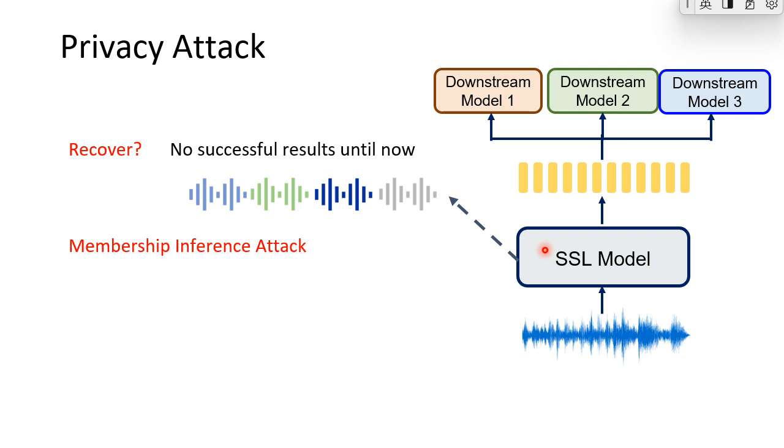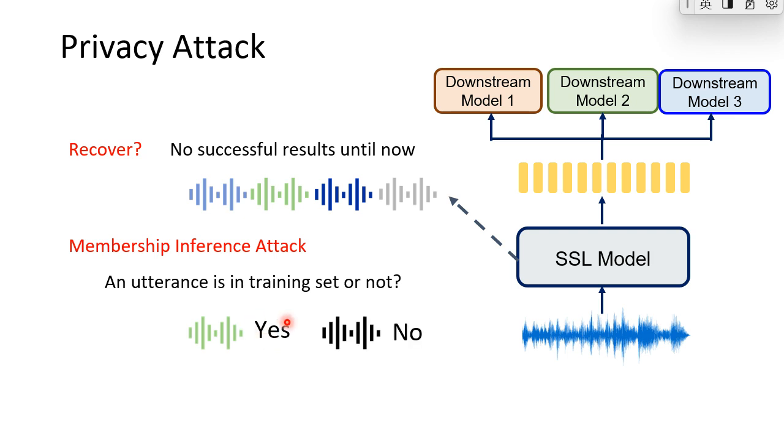What is membership inference attack? In membership inference attack, the goal is to identify whether an utterance is in the training set or not. For example, given an utterance, the green one, it is in the training data, so the attacker has to say yes, and given another utterance not in the training data, the attacker has to say no, this is not in the training set.